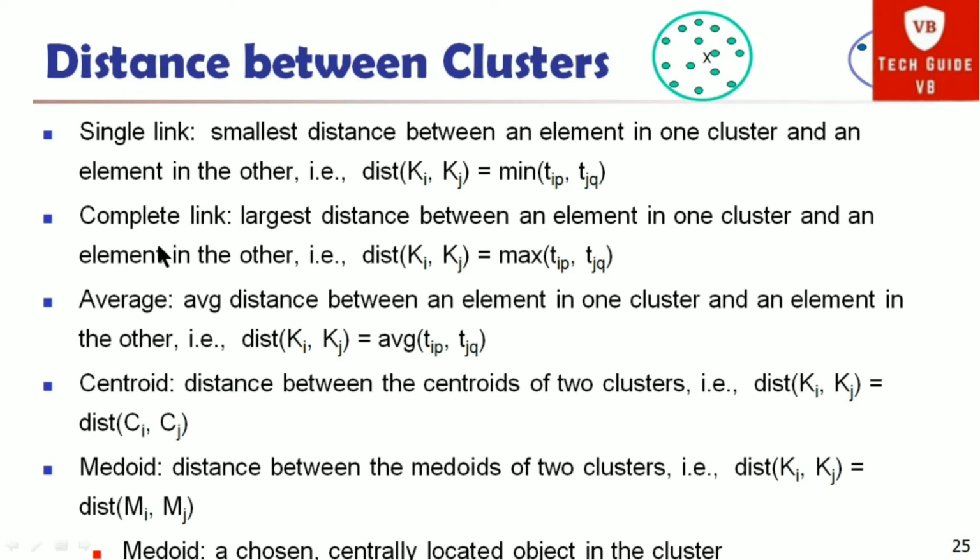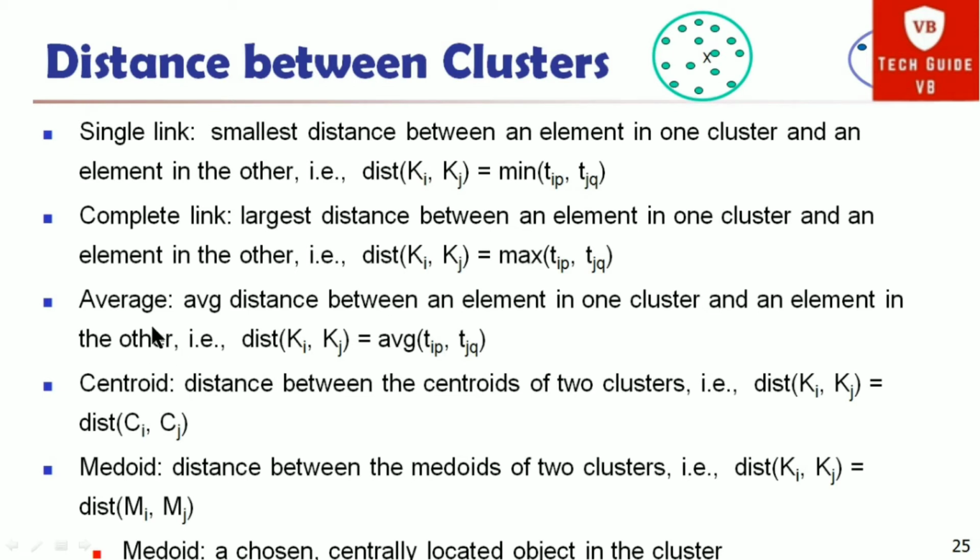Then the second term is complete link. Complete link means the largest distance between an element in one cluster and an element in the other cluster. So single link is the minimum distance and complete link is the maximum distance.